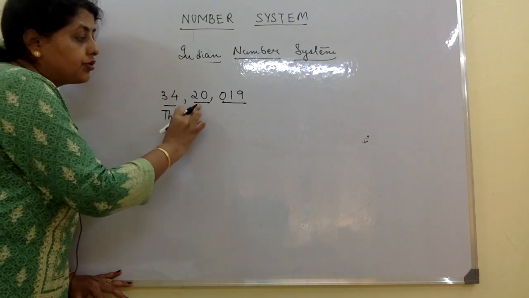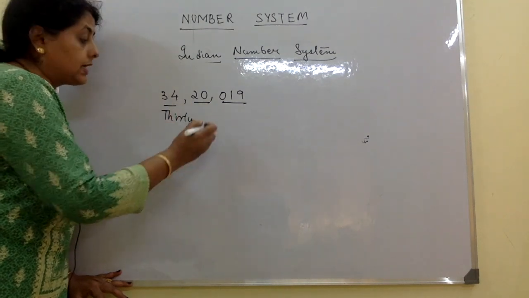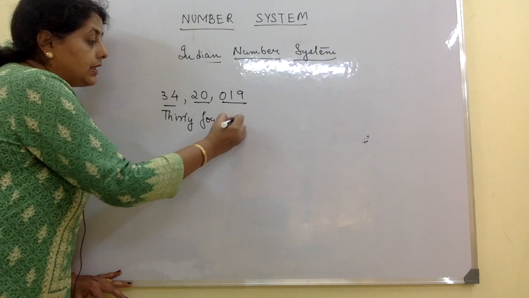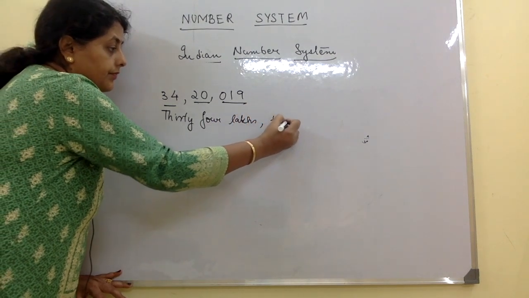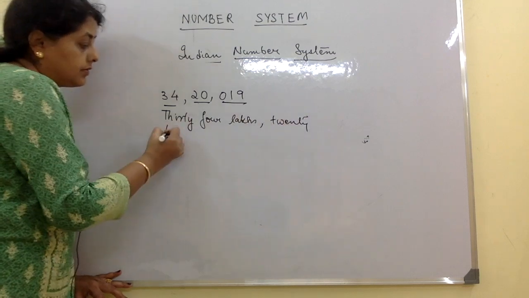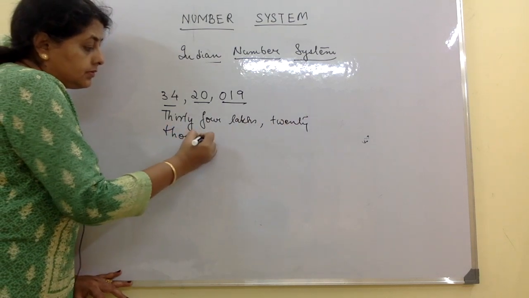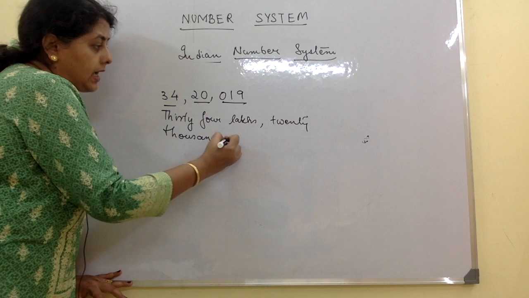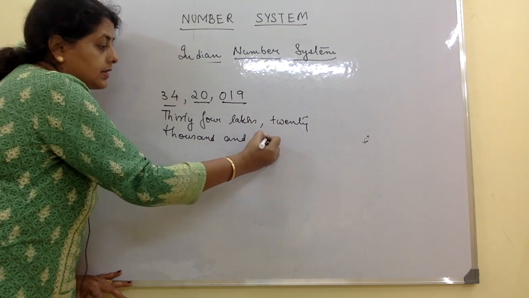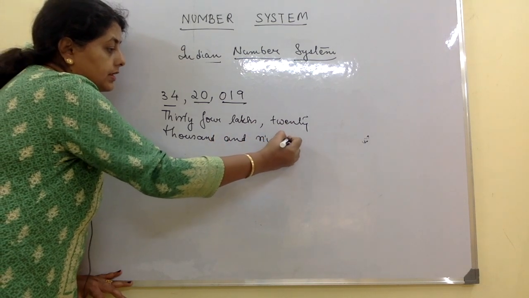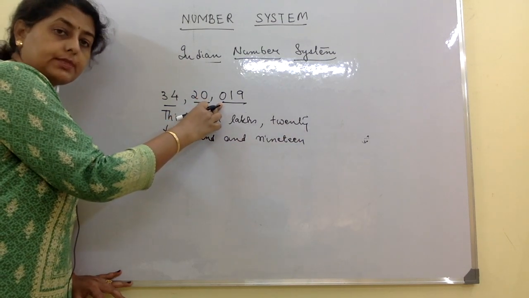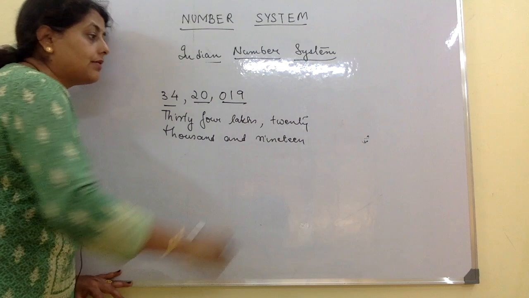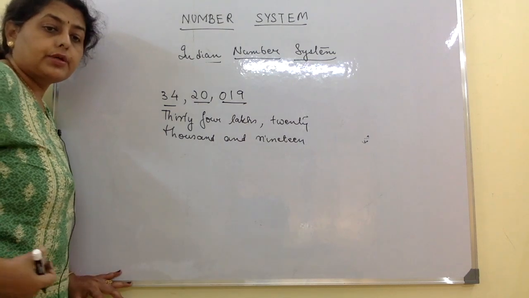See, after 34 there are 5 places, so this is 34 lakhs, 20,000 and 19, because there is no number in the hundreds place, so straight we are going to write and 19.